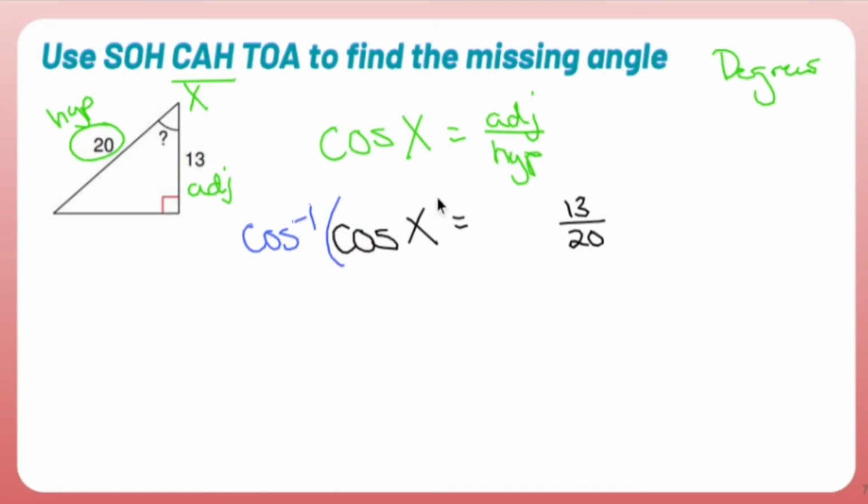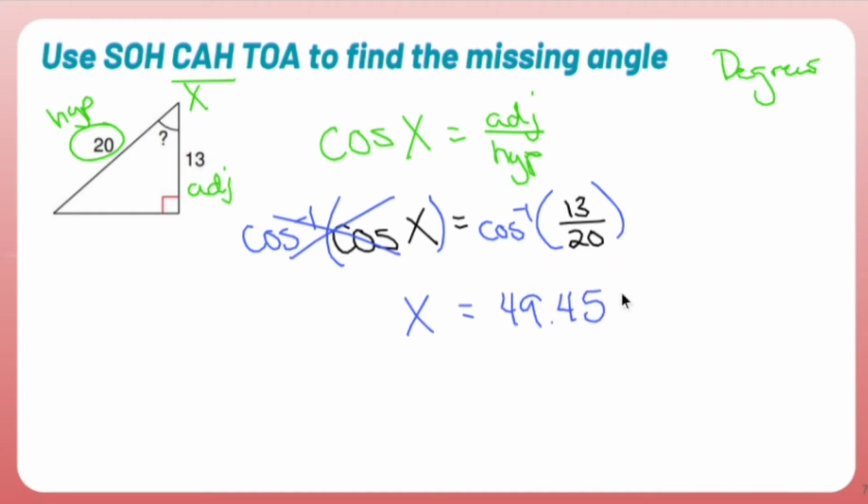So I'm going to inverse cosine that guy, and I'm going to inverse cosine that guy, which is definitely going to require that calculator I was talking about. The inverse cosine and the cosine cancel each other out. I run to a calculator, and I type out the inverse cosine of 13 over 20, which I'm using Desmos. My Desmos says 49.4583, and so on.